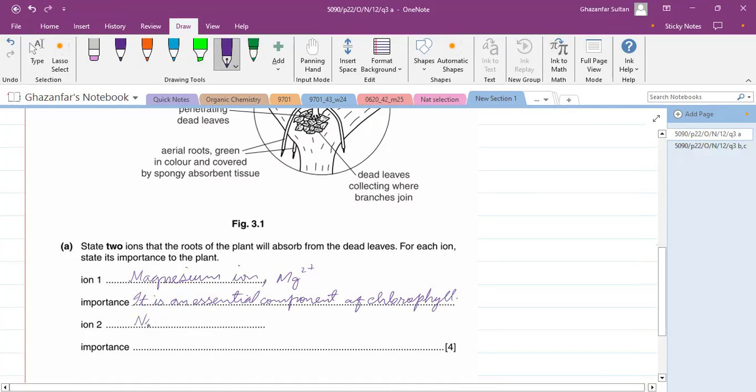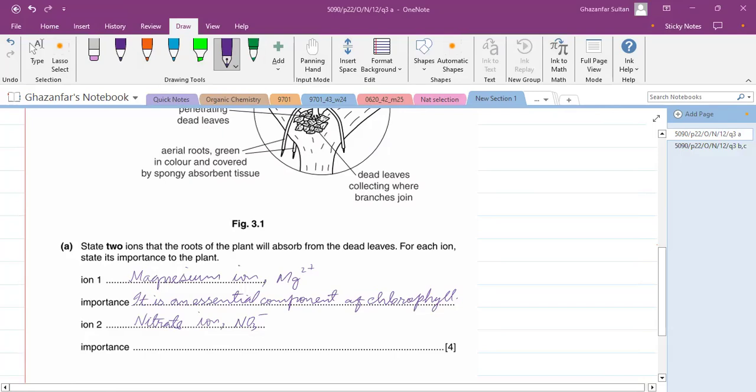And the other ion is nitrate ion. Nitrate ion is NO3-. Why is nitrate ion required?